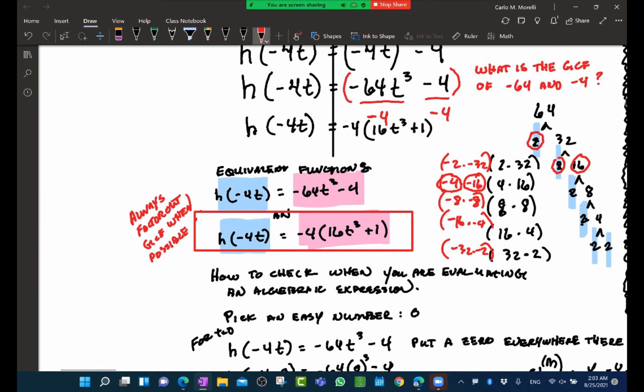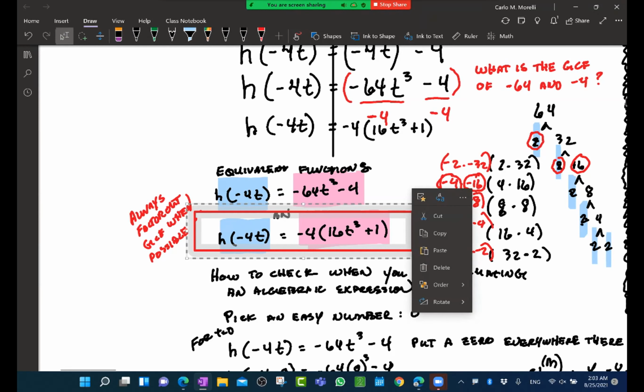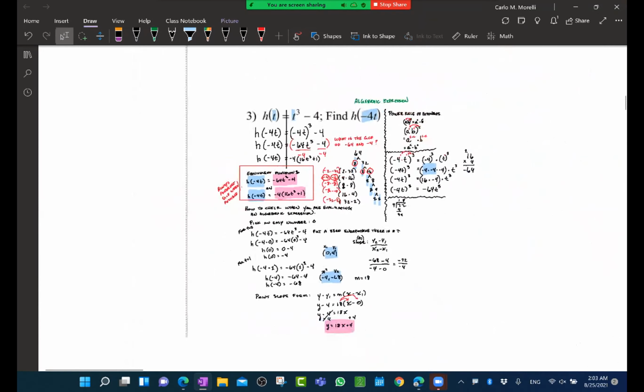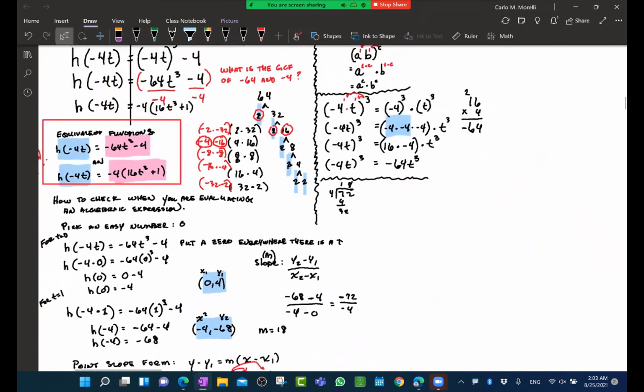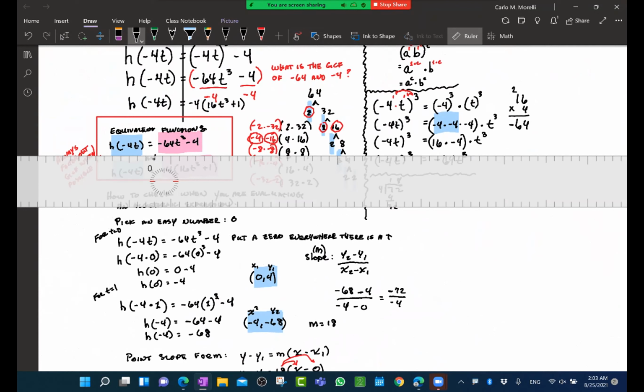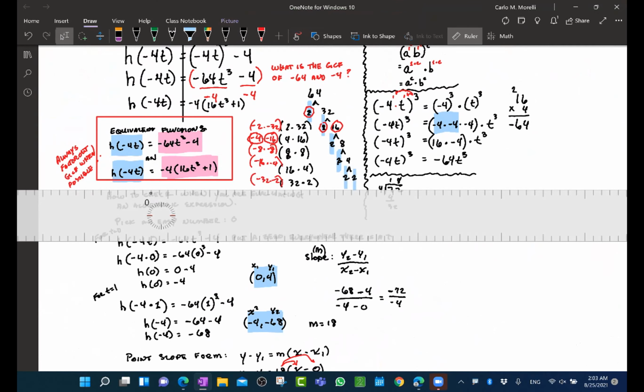Maybe what we should do is write down both of them, okay? Because they're both equivalent. And then we have the check down here. So let's get our ruler out. And check right here.